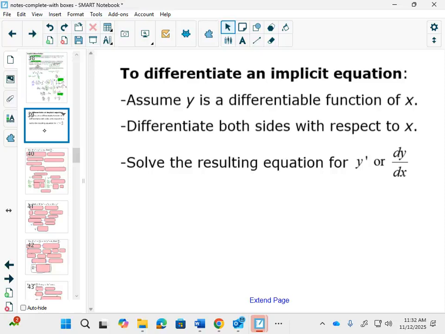What did we do? We assumed y is a differentiable function with respect to x, even though we don't know how to get y by itself. We differentiate both sides with respect to x, and then you just need to find out what dy dx is in the end.